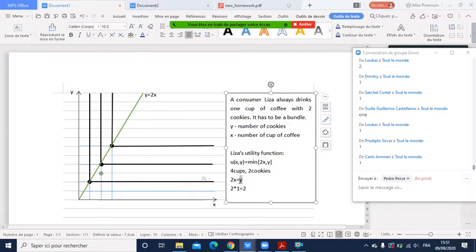So I have 2 cookies and I have to have 1 cup of coffee for it to be equal, right? Again, this equation does not hold if I put it the other way around. If I put x is equal to y, then I put 1 cup of coffee and on the right I end up with 4, and this is not equaling each other. So that's why it is 2x equals y, or y equals 2x.